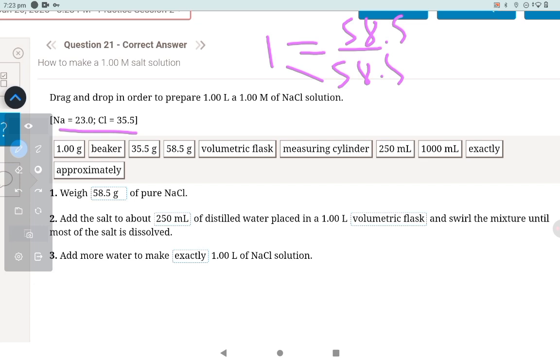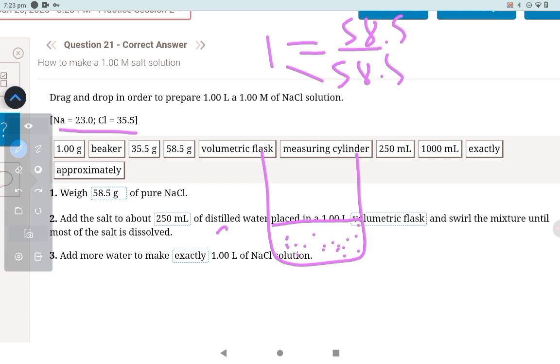Second step, add the salt to about 250 milliliter of distilled water placed in a 1 liter volumetric flask and swirl the mixture until most of the salt is dissolved. Why 250? Let's say we have a beaker and we place our salt. First we fill up to this much water.